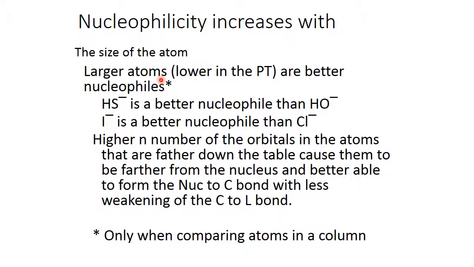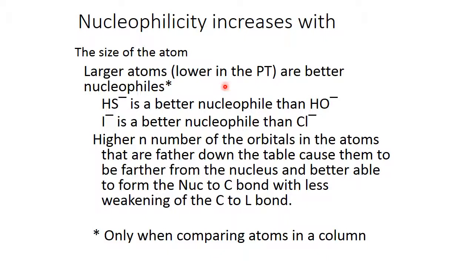And so as the electrons are farther away from the nucleus, and as the atom comes into the carbon, those electrons are farther from the nucleus, so they reach the carbon before they start encountering steric hindrance.